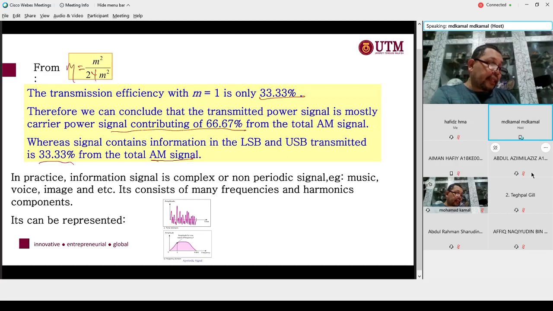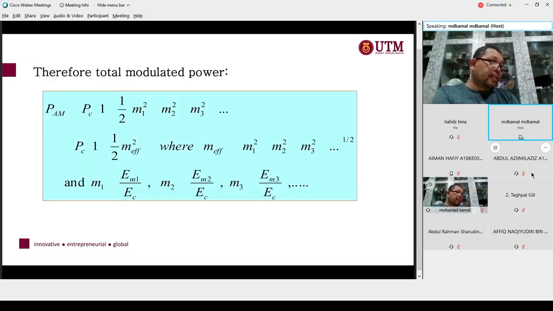So you can see that, in terms of spectrum, if the signal is a complex signal, for example, you have different frequencies, F1, F2, F3, F4, and etc.